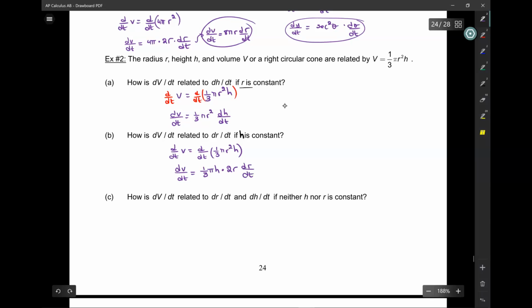But now I'm going to simplify that and say, well, can I just do it right here and save some ink? I'm just going to put the 2 here. So it's 2/3 pi h times r dr/dt. Let me do one more.